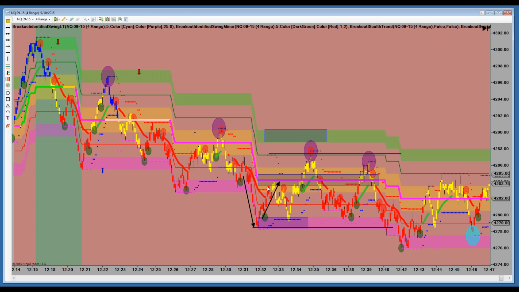So if you were going to take trades, let's say that you were going to work on learning, if you're not already good at it, trading these ranges, let me ask you this. Would your primary entry on this market right here be entering shorts, or would you be looking for long trades on this chart right here?